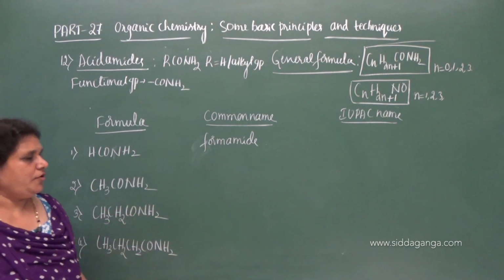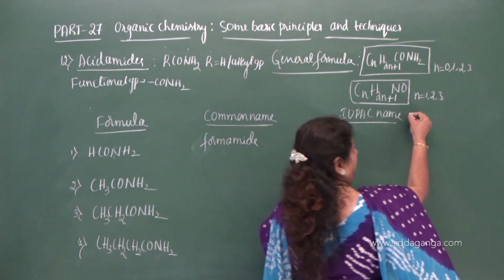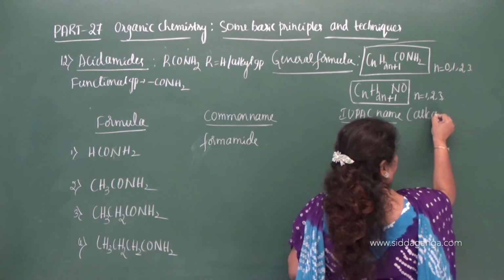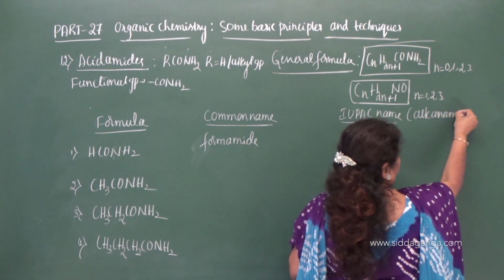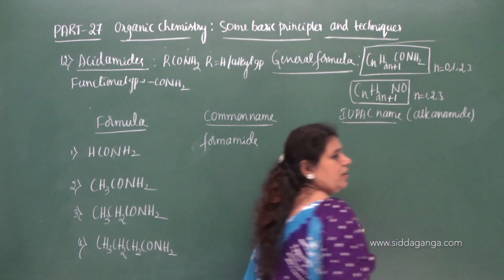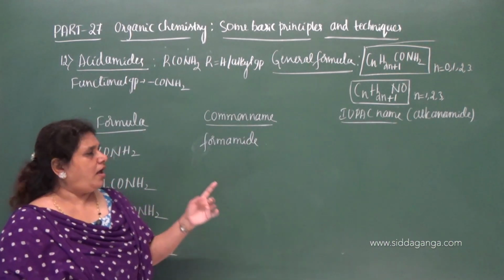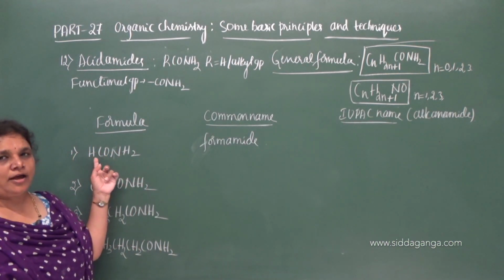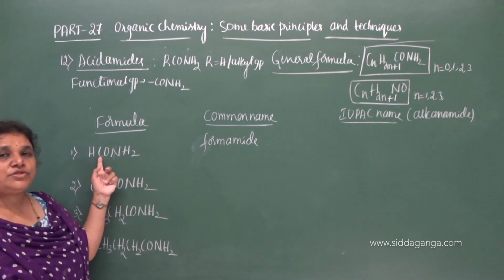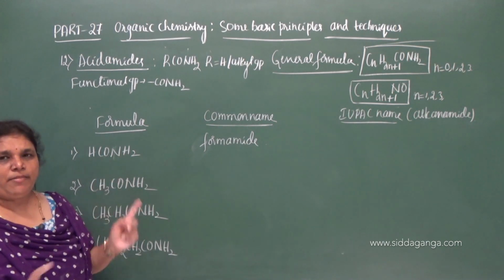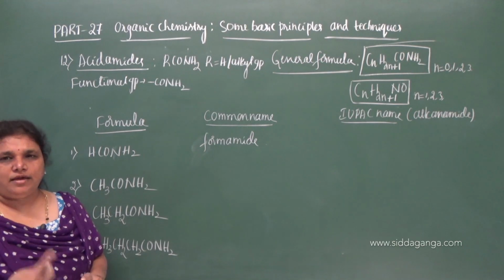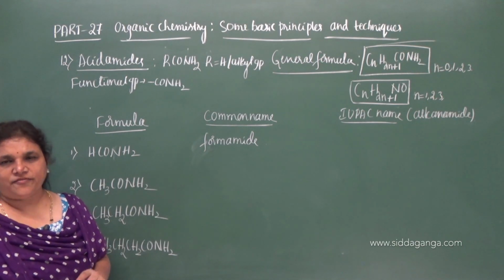Okay. Now how to name the IUPAC name? Alkanamide. What is the name of the alkane here? The acid contains only one carbon and that carbon belongs to the functional group. Meth is the root word. Methane is the IUPAC name of the alkane.